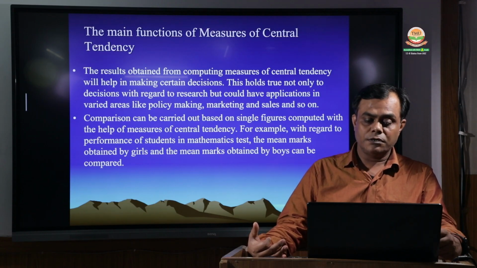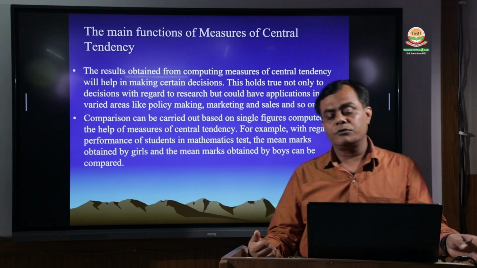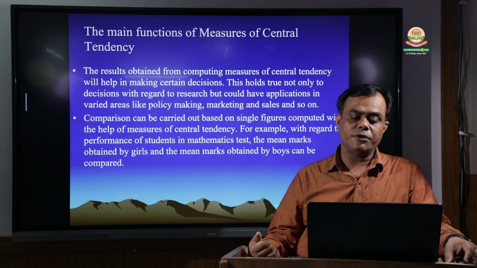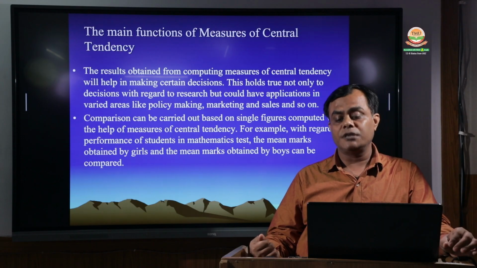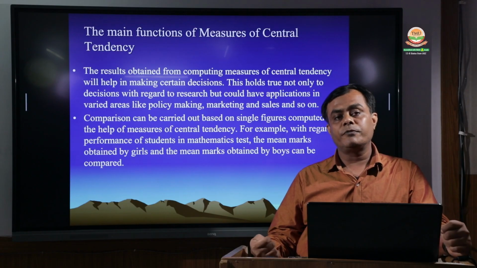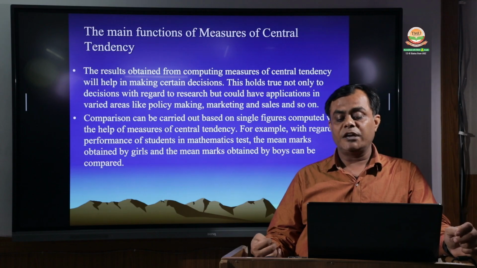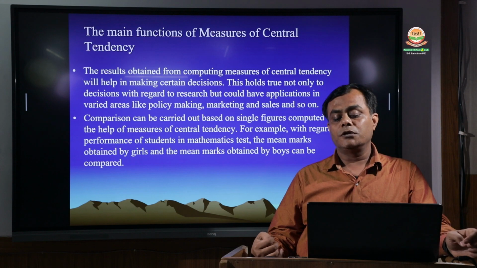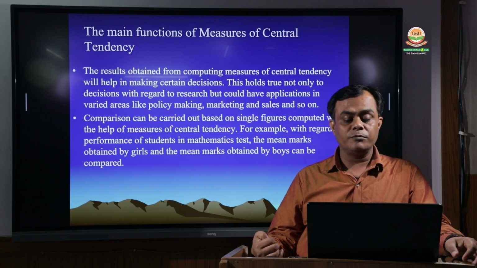Next, comparison can be carried out based on the single figure obtained with the help of the measurement of central tendency. For example, with regard to the performance of students in a mathematical test, the mean mark obtained by the girls or the mean mark obtained by the boys can be obtained.